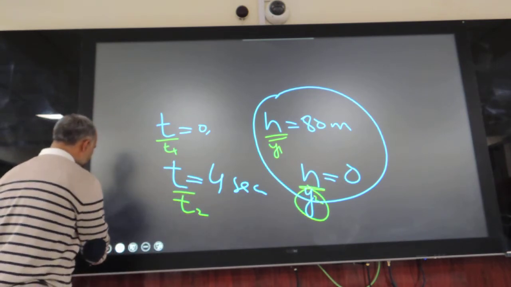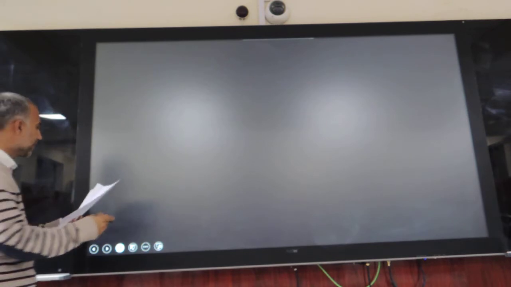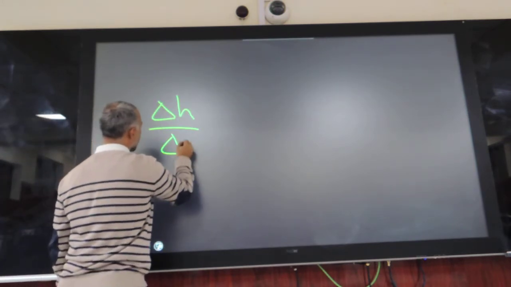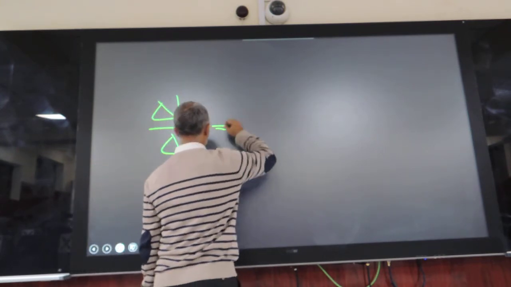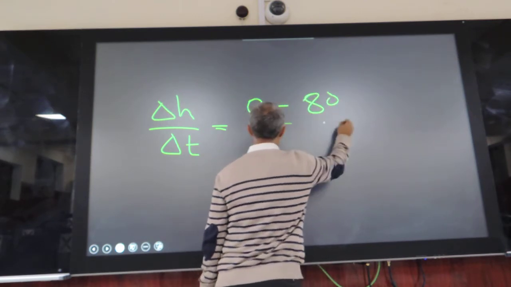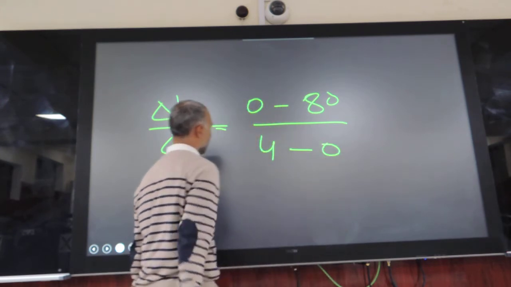So for the general equation, the rise over run, the change of height with respect to time, is 0 minus 80 meters over 4 seconds minus 0 seconds.